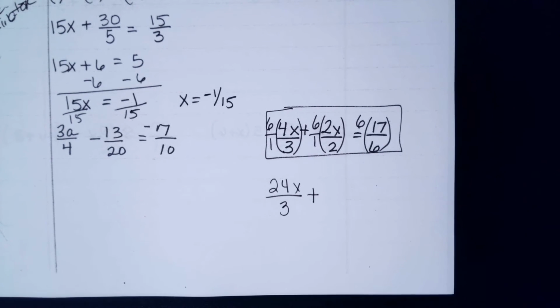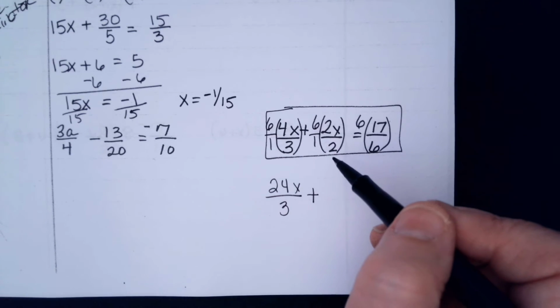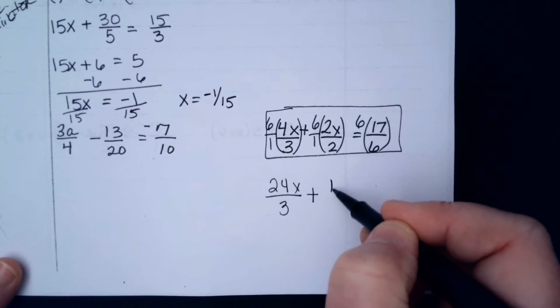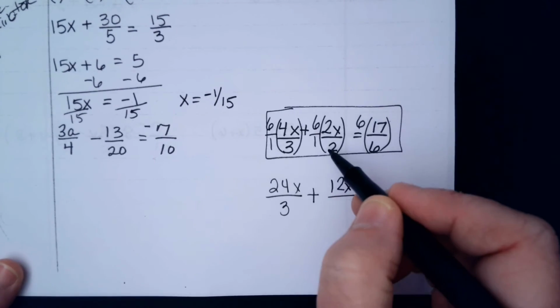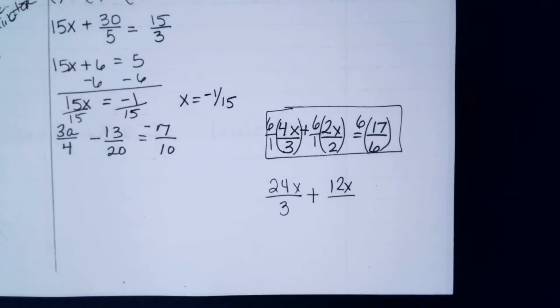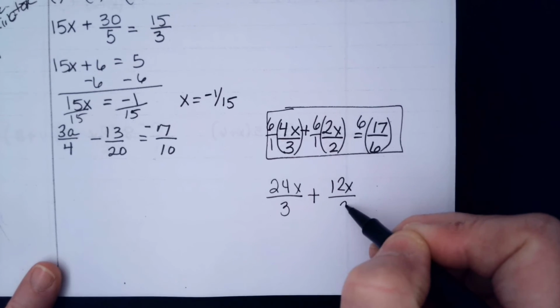We move over. What do you do with that 6? You got that 6 times 2. 6 times 2, take? 12. And then that denominator, you're going to multiply that 1 times 2. DeQuavius? 2.